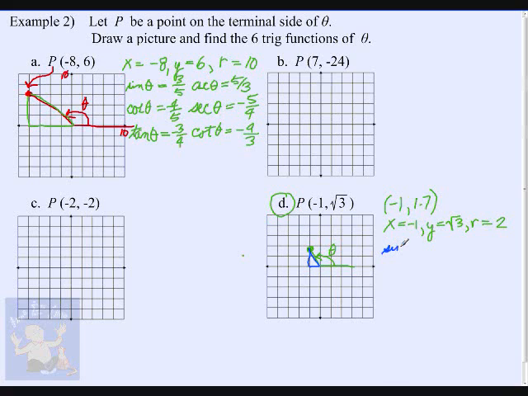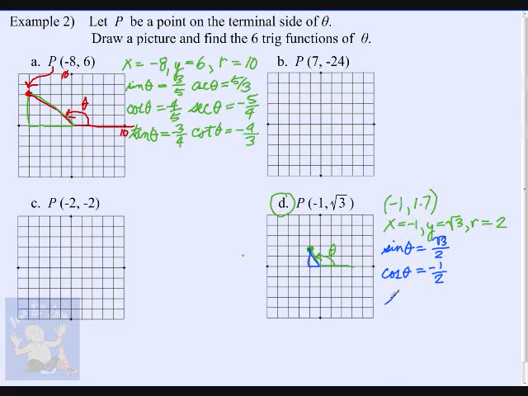Sine of theta, in the second quadrant we know it's positive. It's going to be the square root of 3, y, over the radius 2. Cosine theta equals negative 1 over 2.